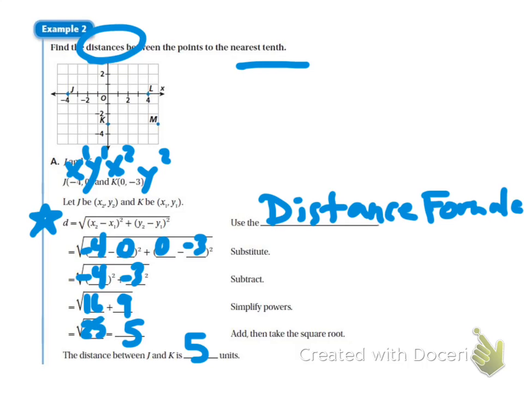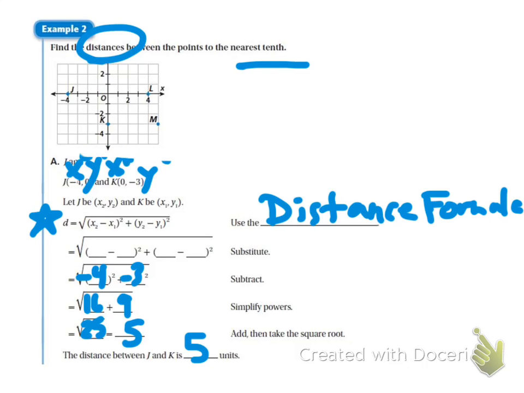So how did I find this? Well, I plugged in my numbers and subtracted. I'll show that again up here at the top, because I know I did that really fast. x2 minus x1, and they gave them to us backwards.